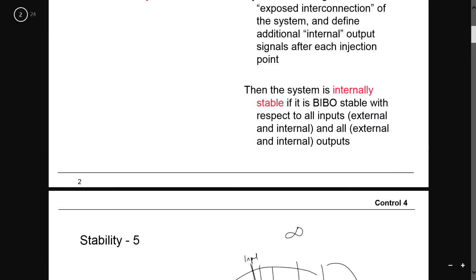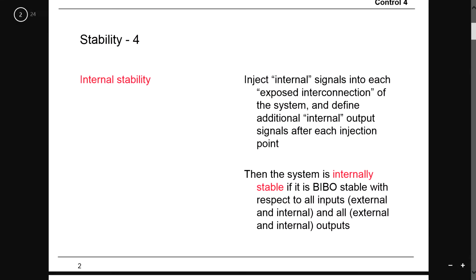Alright, and if and only if the system is internally stable, it's BIBO stable. Okay, if it's BIBO stable, then you no need to measure. It's because the system itself is always internally stable. BIBO stable means that it's always internally stable.